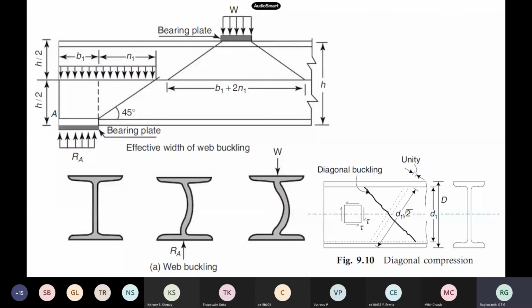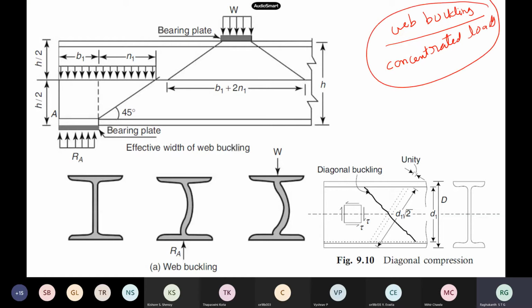Then the other thing, you followed, right? The next one to do is web buckling as a column. This is a very important thing. You have to check under concentrated loads. Generally the web buckles, shear buckling is different.